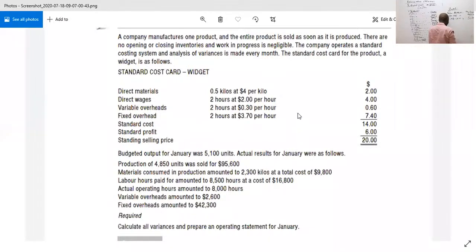After that, we have variable overheads, 2,600. And then I have fixed overheads, 42,300.